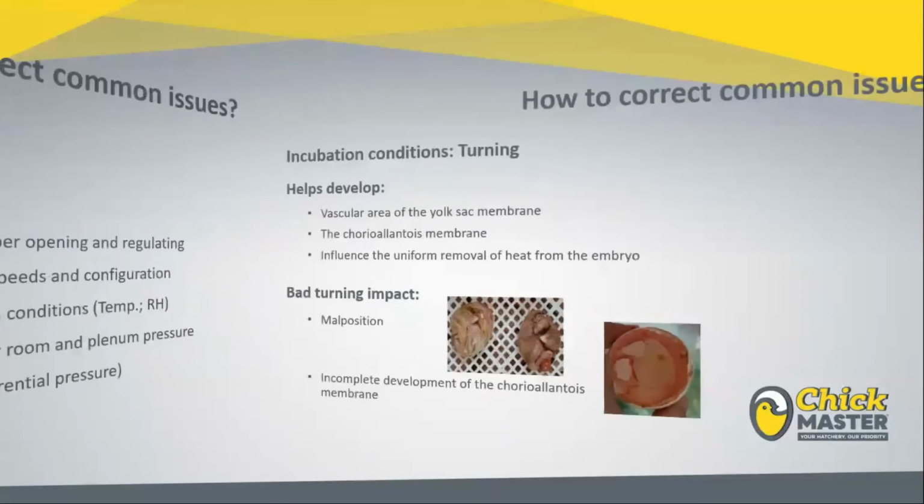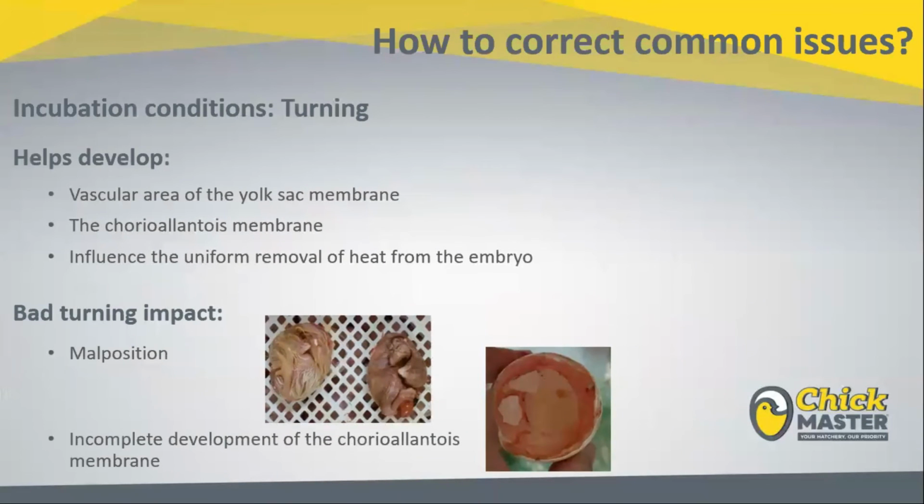Concerning the turning, the role of the turning is to help the development of the vascular area of the yolk sac membrane. This is the first respiratory surface, and one of its roles is to convey nutrients from the yolk to the embryo.